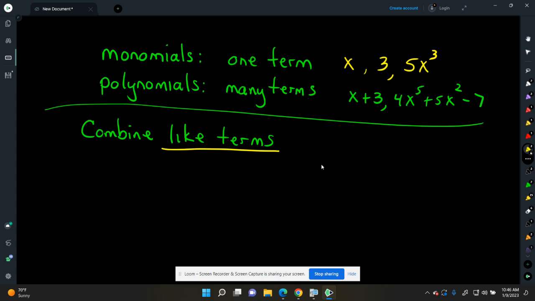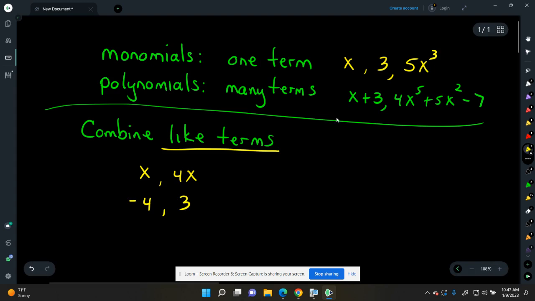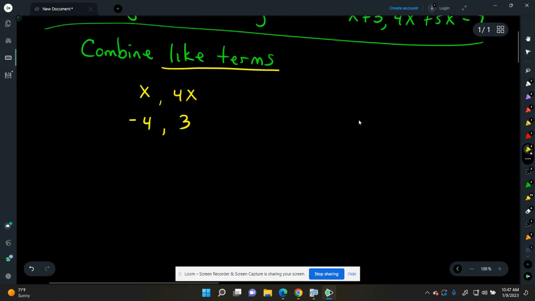So who has an idea of what like terms are? Like x plus x, and how about maybe 4x? So they're like terms. Give me another example of like terms. Yeah, -4 and 3. Okay, those are like terms. Anyone else? How about 5a squared and 7a squared?